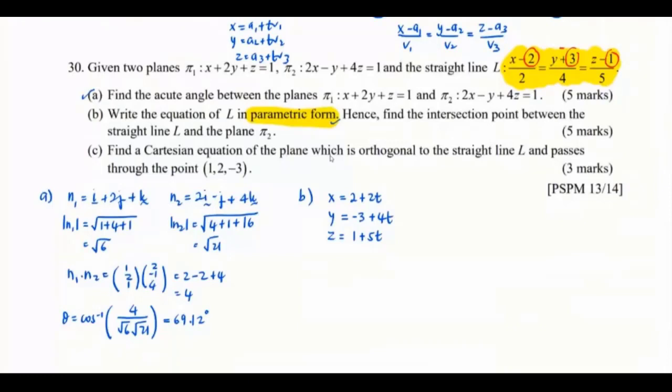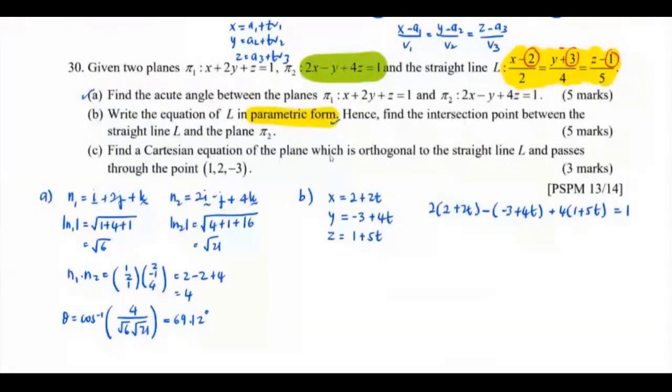Hence, find the intersection between the line and plane 2. So plane 2 is this one, so don't substitute into the wrong equation. We substitute the whole thing into the plane here, which is Cartesian. So 2 times 2 plus 2t minus negative 3 plus 4t plus 4 times 1 plus 5t equals 1.